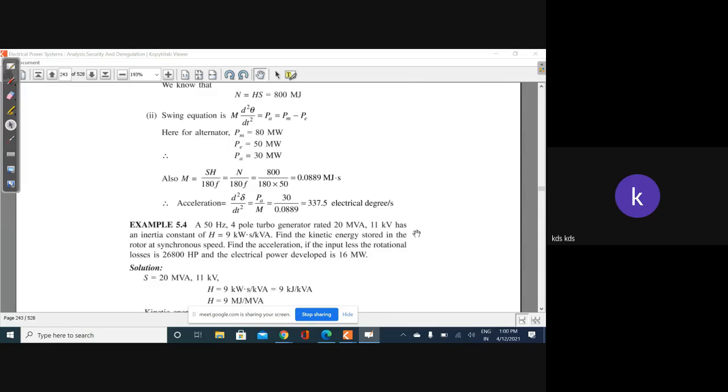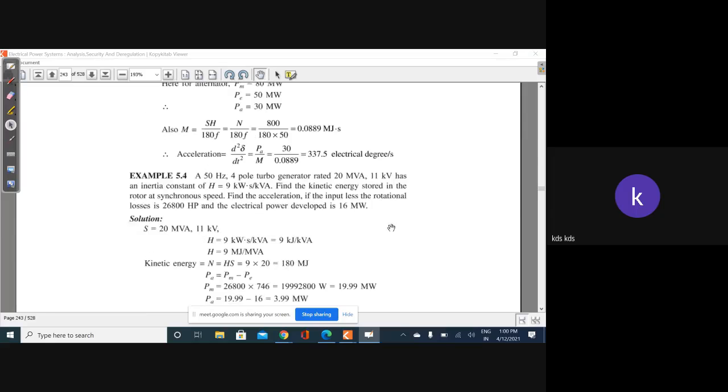The acceleration is in electrical degrees per second square. Students, this is very important: whenever you write a numerical value, you must specify its units. Otherwise there is no significance of any numerical value. Units must be specified.